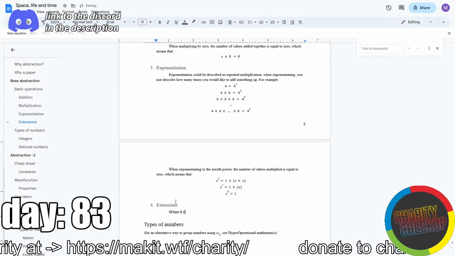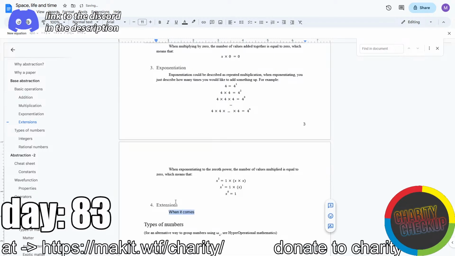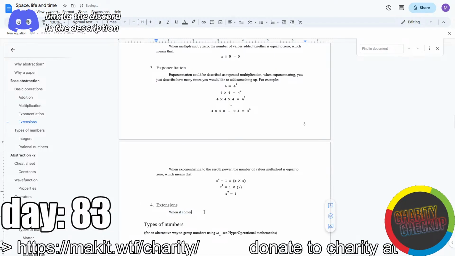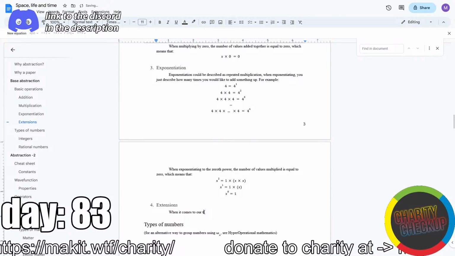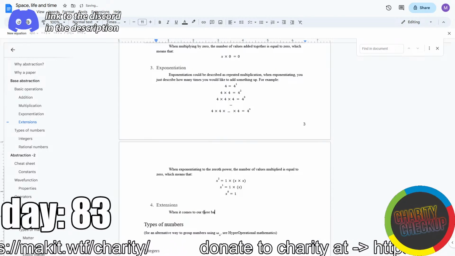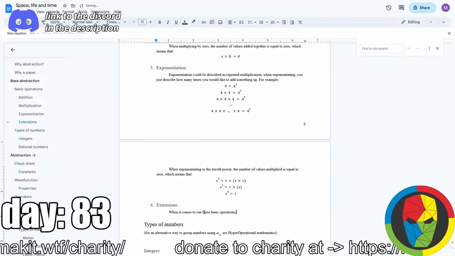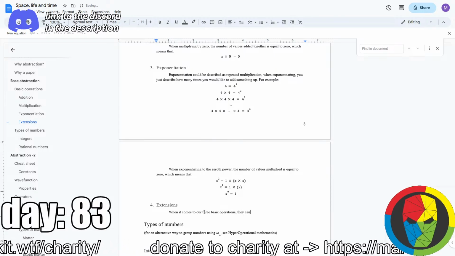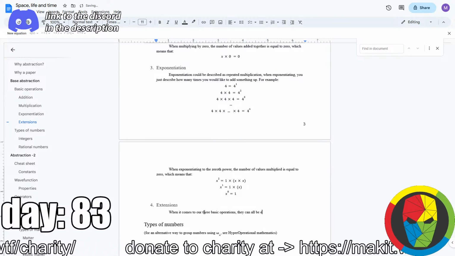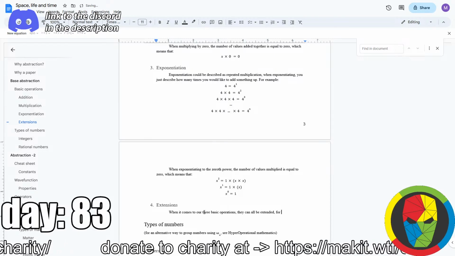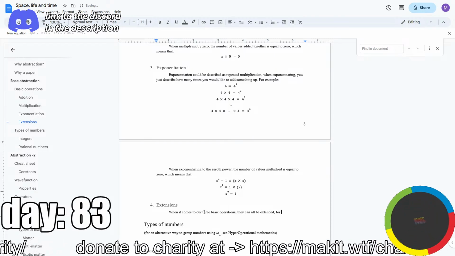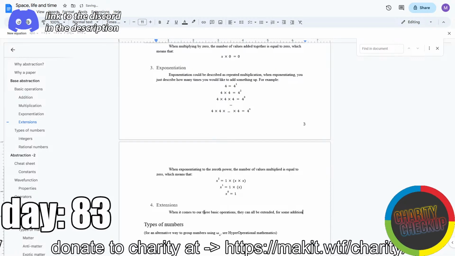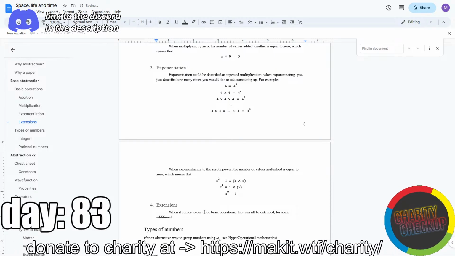When it comes to our three basic operations, they can all be extended for some additional helpful operations. That's very much not English.